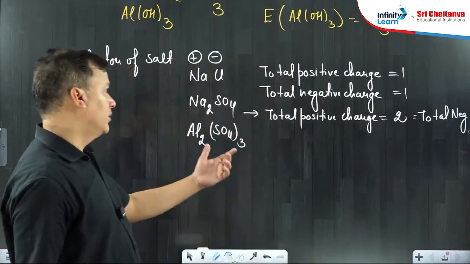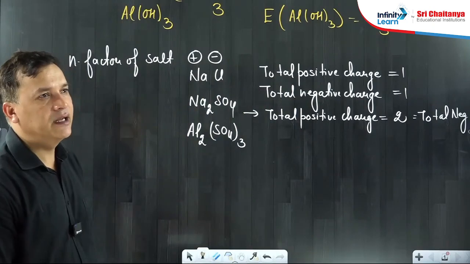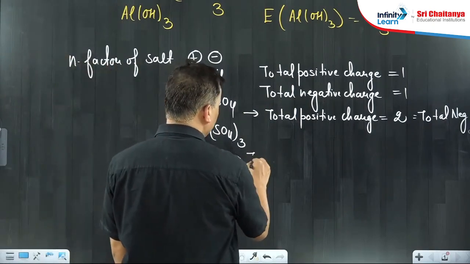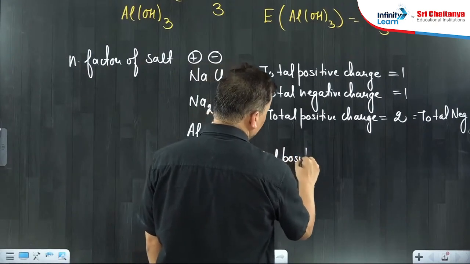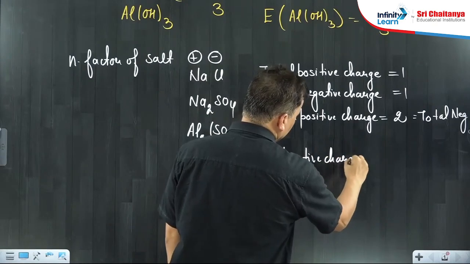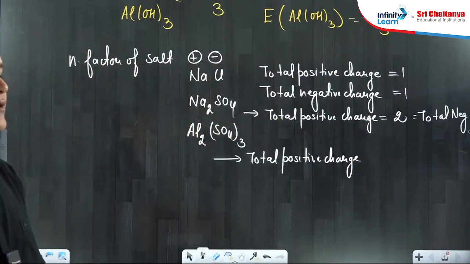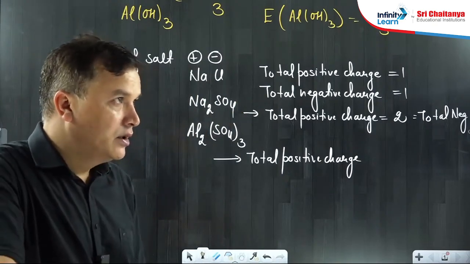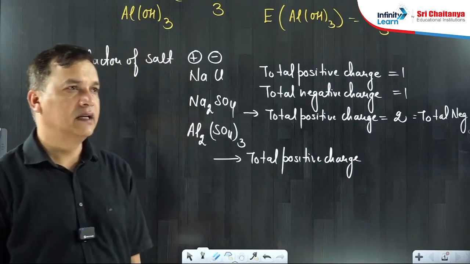Over a salt, the total positive charge and total negative charge will definitely be equal. In case of aluminium sulfate, write the total positive charge in the chat box and then I will write on the board. I am waiting for your answer.